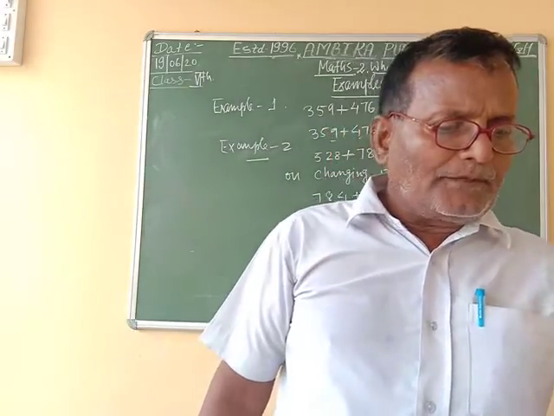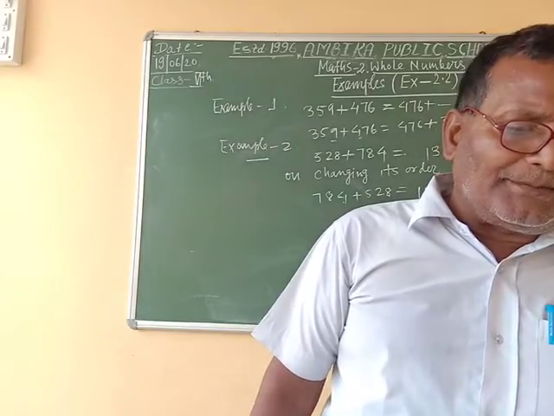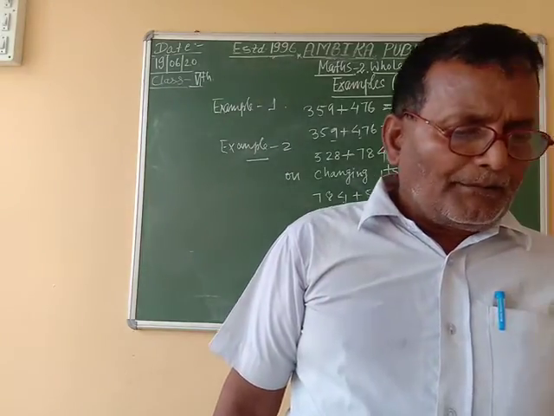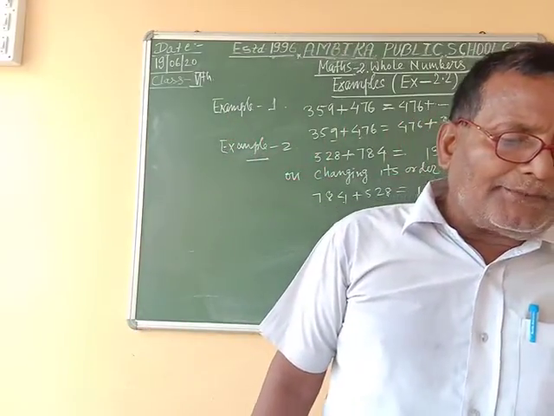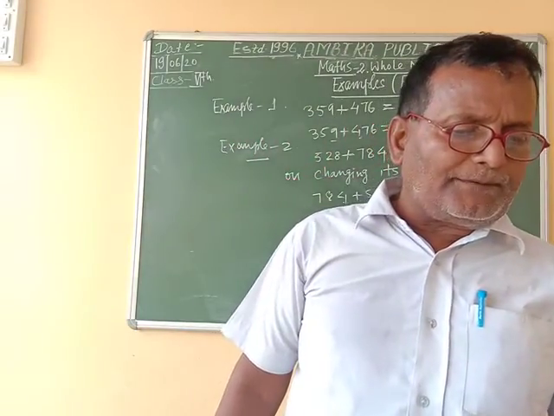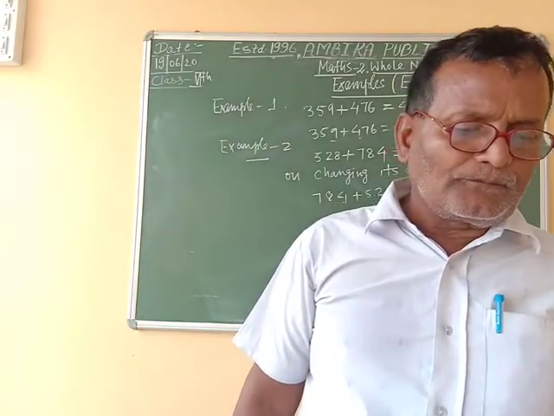Similarly, example 3, find the sum by suitable arrangement. 953 plus 407 plus 647.